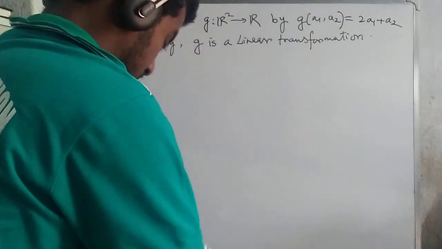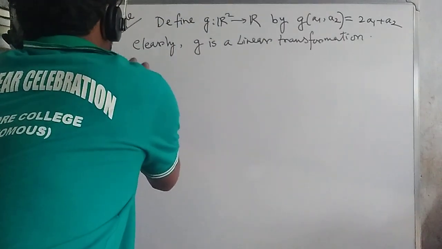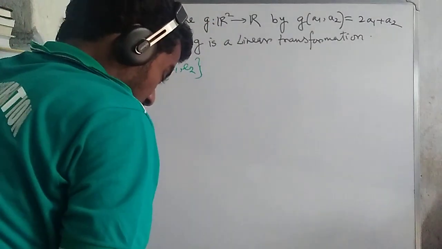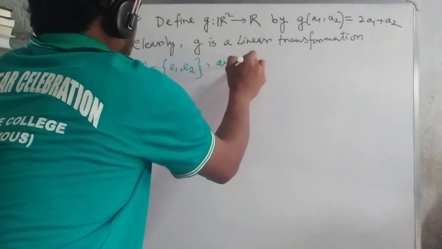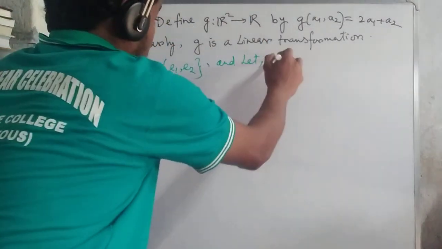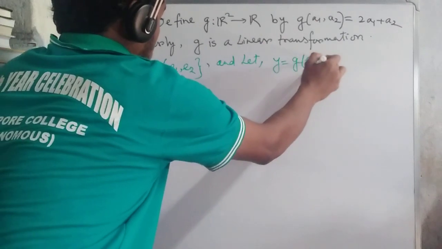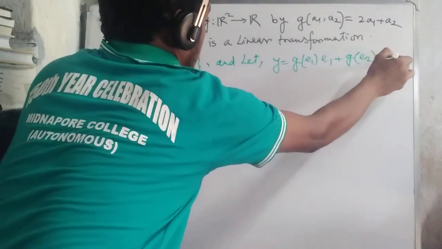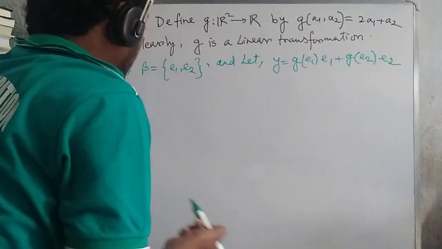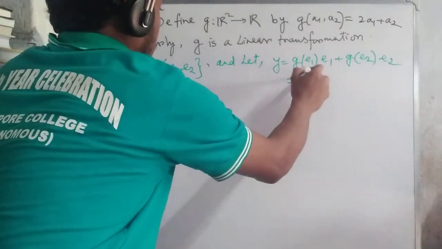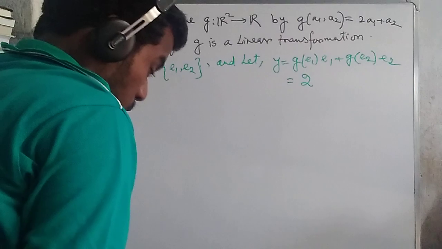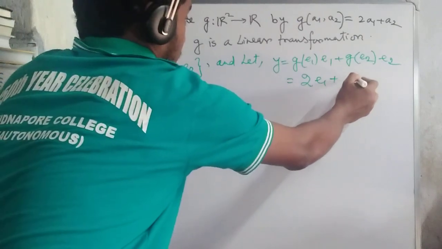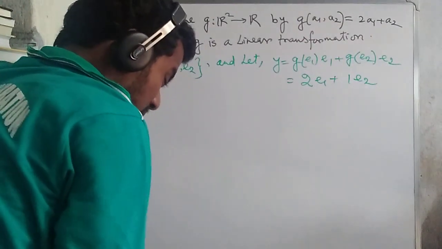Then let beta equal to {e1, e2}, and let y equal to g(e1) e1 plus g(e2) e2. Here g(e1) equal to 2, that means (1, 0) gives 2e1, plus g(e2) equal to 1, that is (0, 1) gives 1e2.